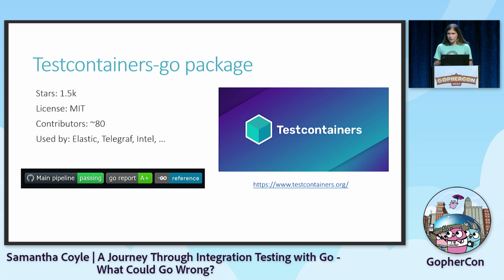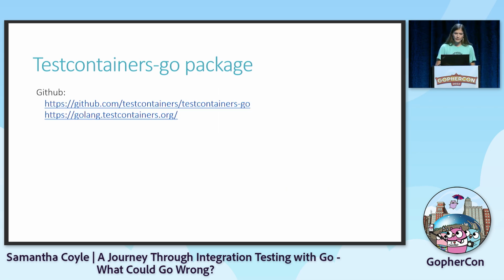It's also really great because TestContainers-go is part of a more global test containers community. And so TestContainers-go is actually inspired by the Java version of test containers, which is really awesome. And beyond having some good documentation that you can find here, they do have a few key features as to why we chose this package over some of the alternatives.